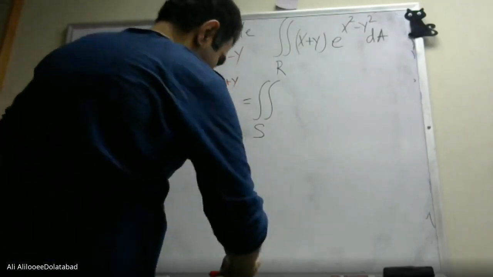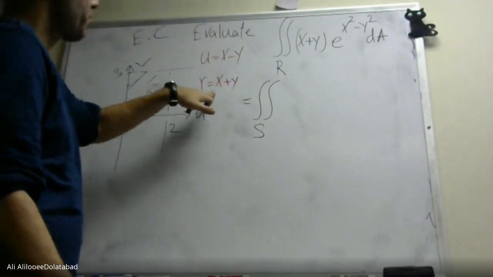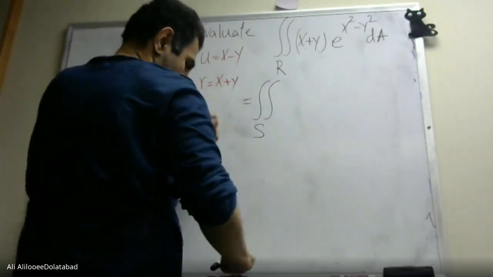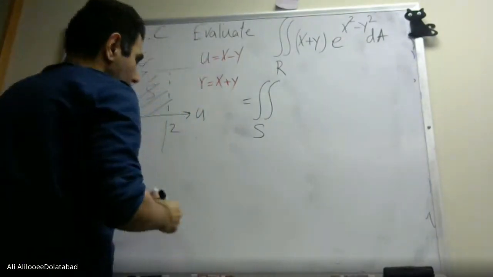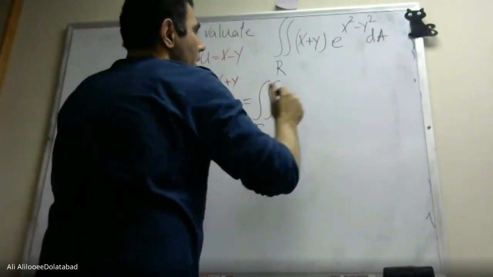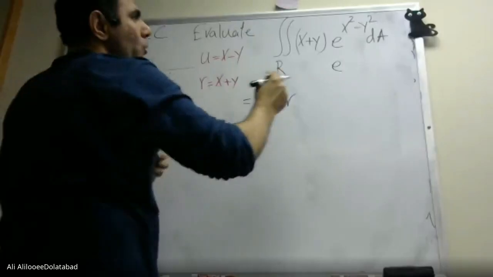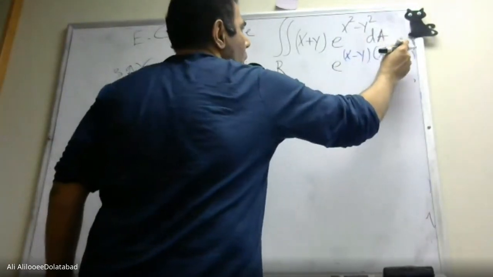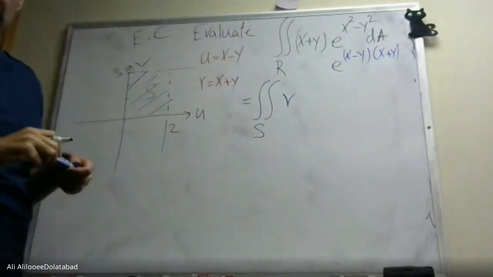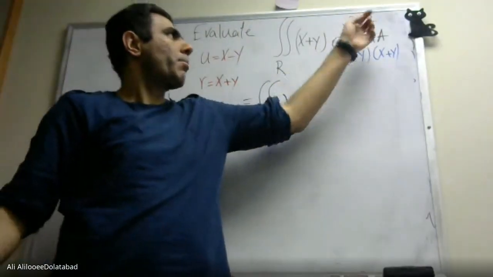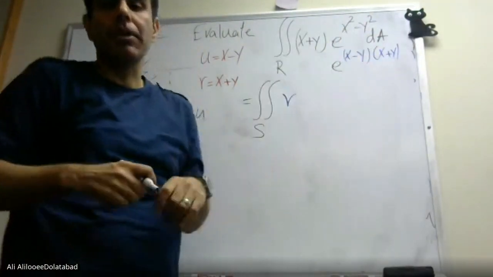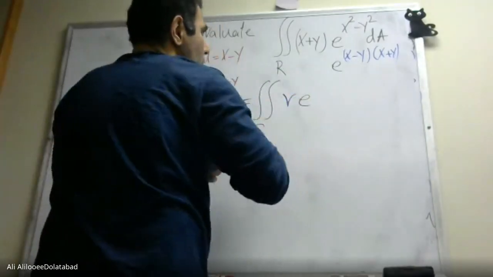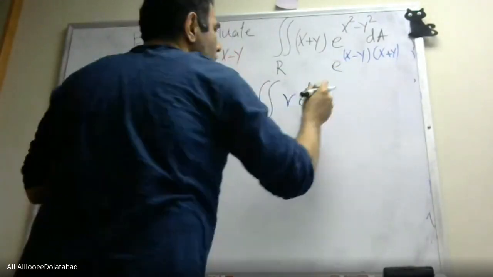Yes. So then here x plus y is v, but e to the power of x squared minus y squared can be written as e to the power of x minus y times x plus y. All of you from high school know that x squared minus y squared is x minus y times x plus y. Then it can be written as e to the power of u times v.